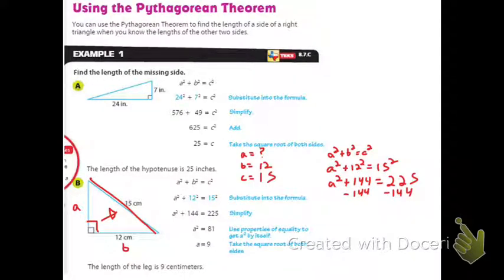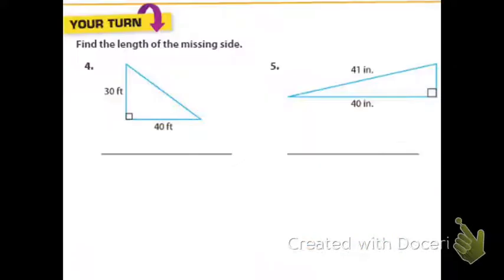You end up getting A squared is equal to 81. But once again, we're not looking for two A's. We're looking for just one A, so we need to find the square root of both sides. And we identify that A is 9. Questions, comments, or concerns, ladies and gentlemen? Alrighty, so now I'd like y'all to please go ahead and try examples 4 and 5.